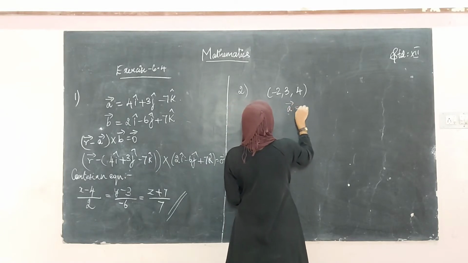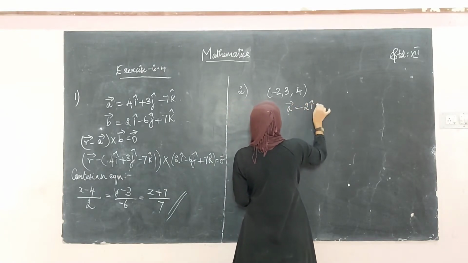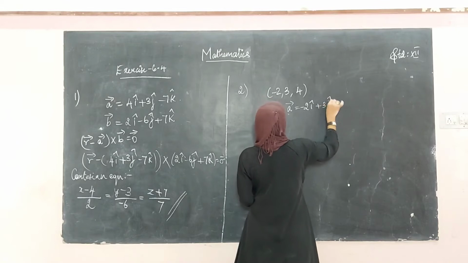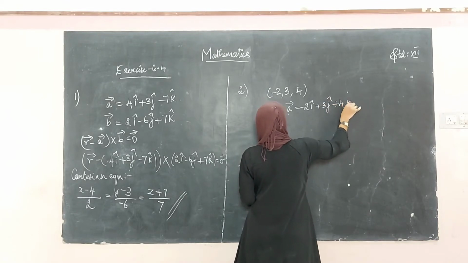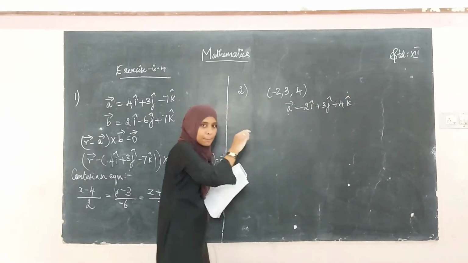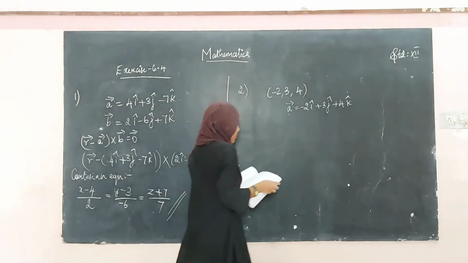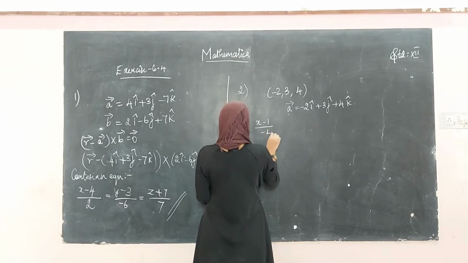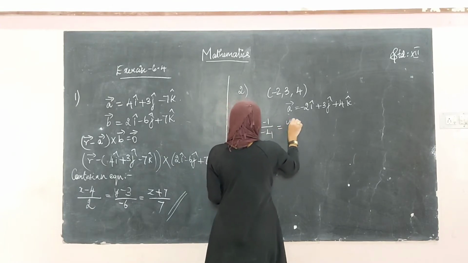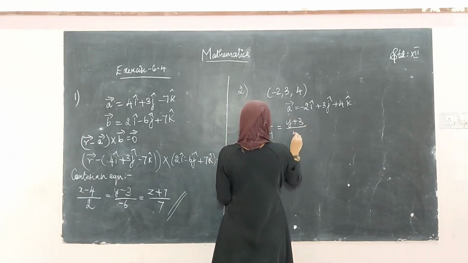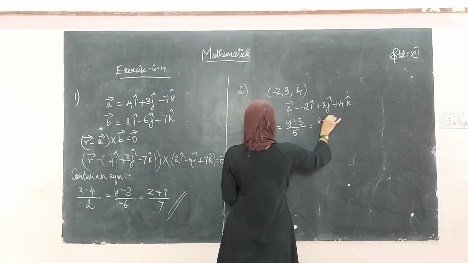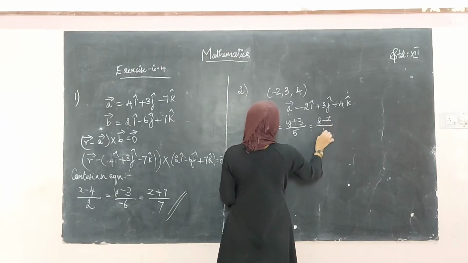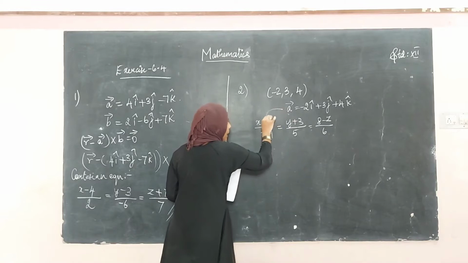So A vector is equal to minus 2i cap plus 3j cap plus 4k cap. Okay, they have given that it is parallel to the straight line. The straight line is given like this: (x minus 1) divided by minus 4 equal to (y plus 3) divided by 5 equal to (8 minus z) divided by 6. Okay, so this line is parallel to this line.